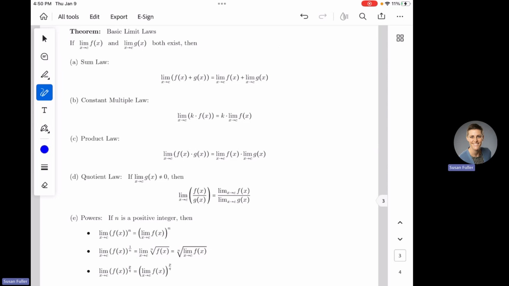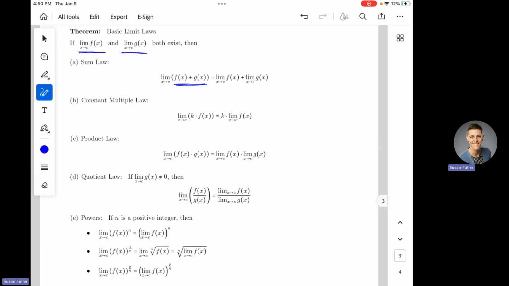And really what I'm getting at with what these say is that when you have a limit and your functions get complicated, if you're taking the limit of one function plus another function, you can still find that limit, as long as both of the limits individually exist, right?